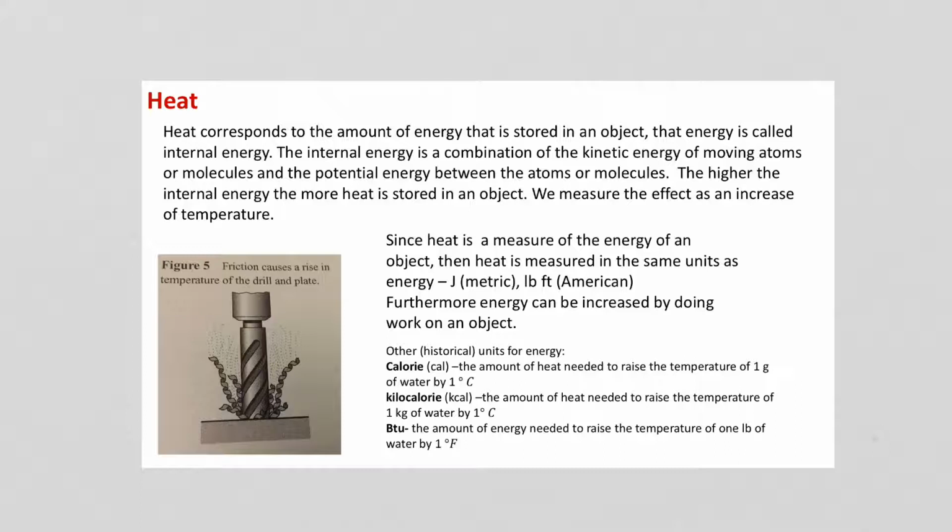And heat is the amount of energy that is stored in an object, and this energy can flow from or into the object. And since that energy is contained in the object, it is also known as internal energy. For simplicity, we're going to refer to that as simply heat.